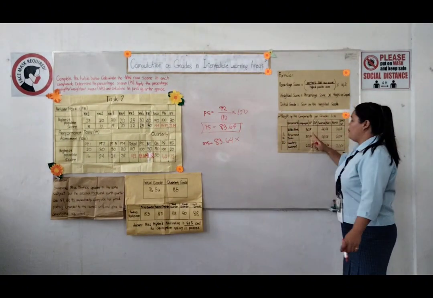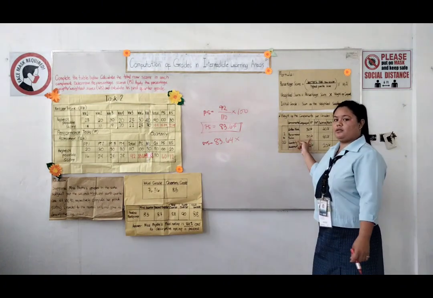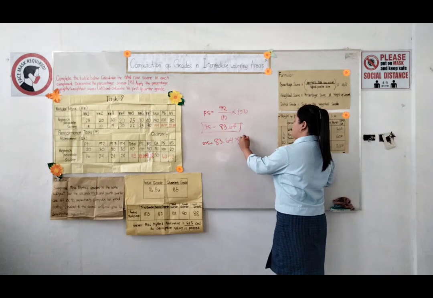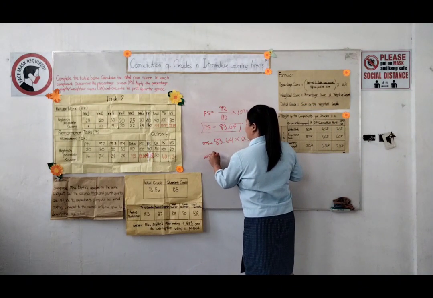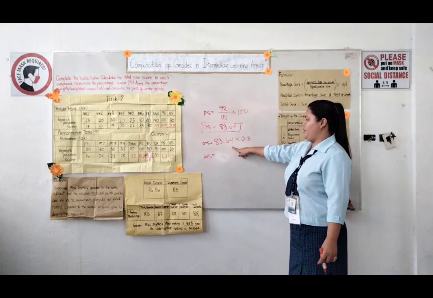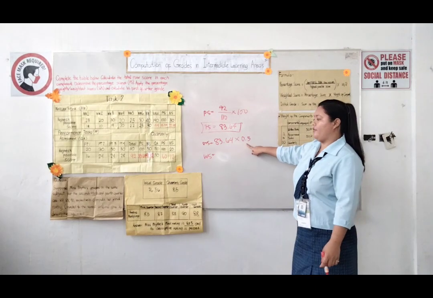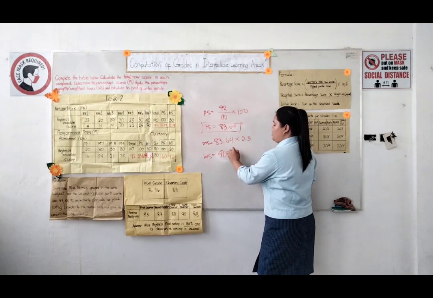We have here 50%, so we should convert it into decimal, so it is 0.5. Next, we need to multiply 83.64 times 0.5. It is equal to 41.82.